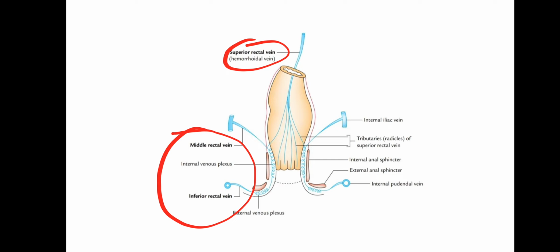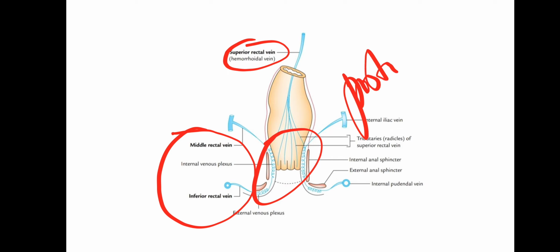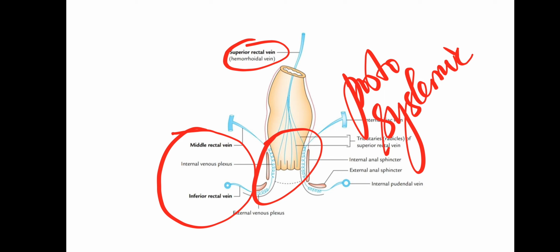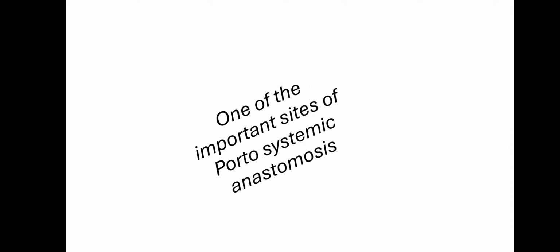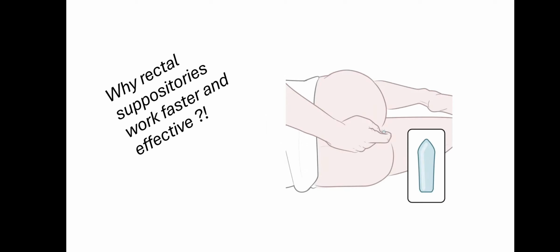So these venous plexuses are an important site of portosystemic anastomosis. Now, why do rectal suppositories work faster and are more effective than oral medications? That is a question.